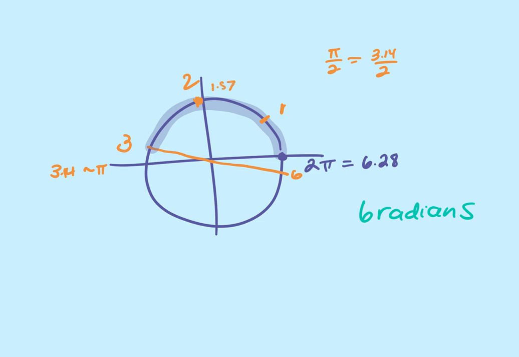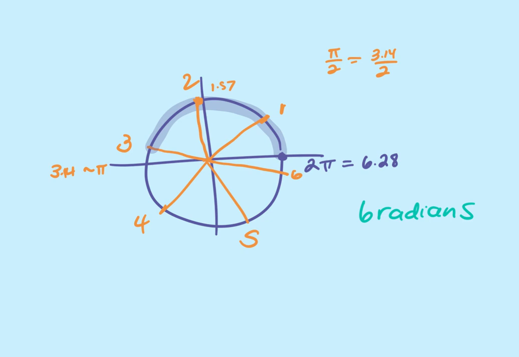So 2 is going to be slightly bigger than that. If I wanted to draw 2, it'd be about there. If I wanted to draw 1, this is not very accurate, but it would be about there. And then if I just extend those lines across the way, that is my 4 and my 5.